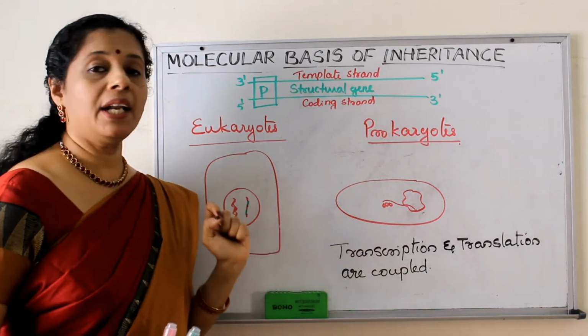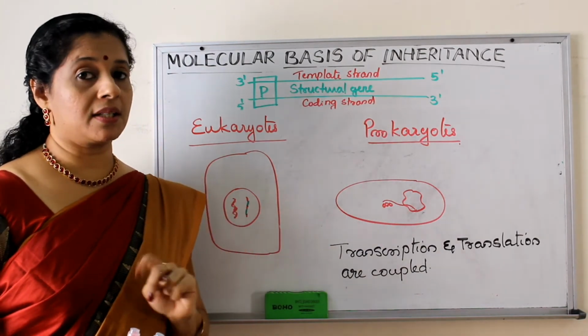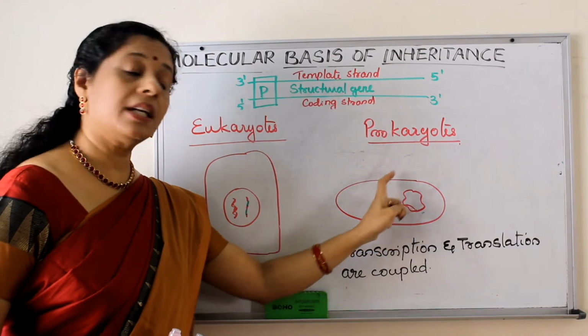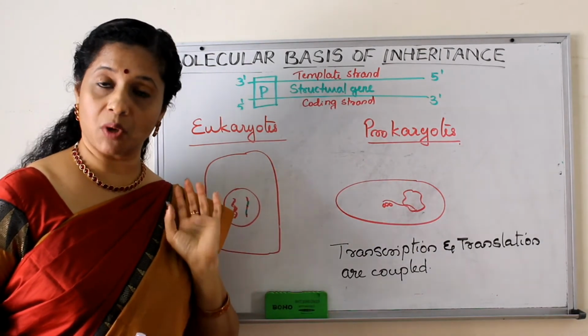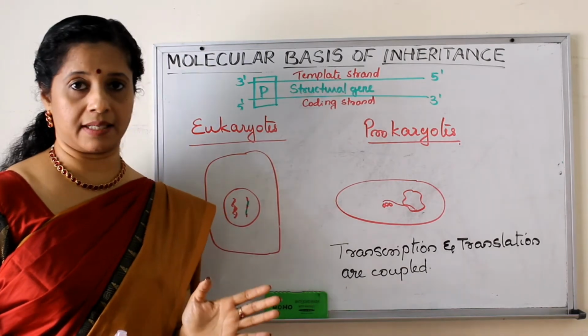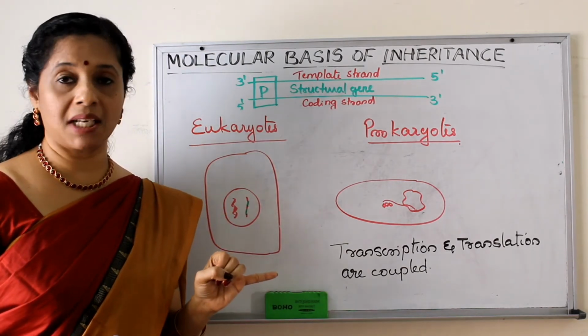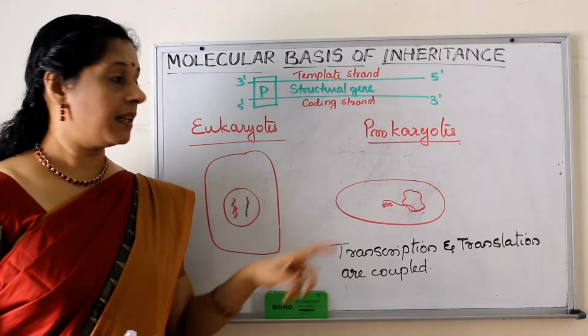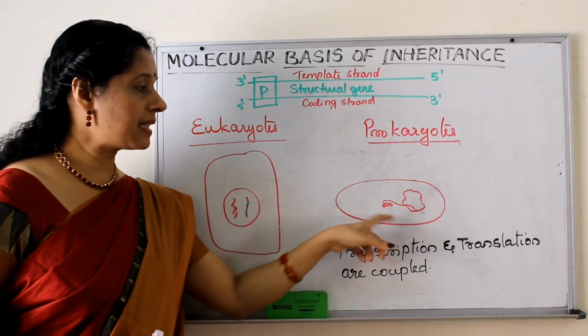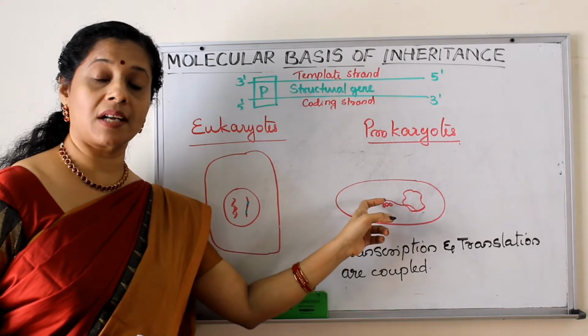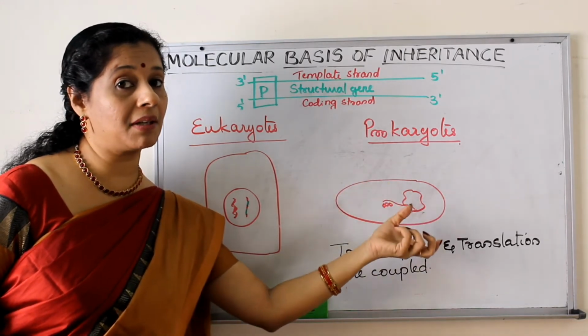Whereas in prokaryotes, there are two advantages. First, there is no processing required, because what is forming is itself proper mRNA which can be translated, so translation can begin immediately. Second, there is no compartmentalization, there is no nucleus, so transcription as well as translation happen in the same compartment.